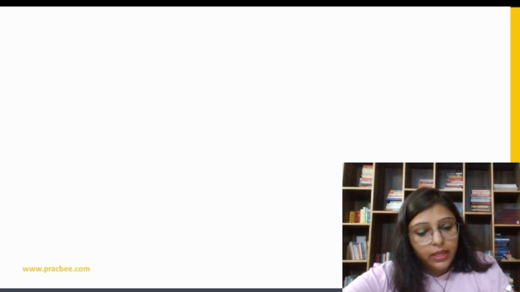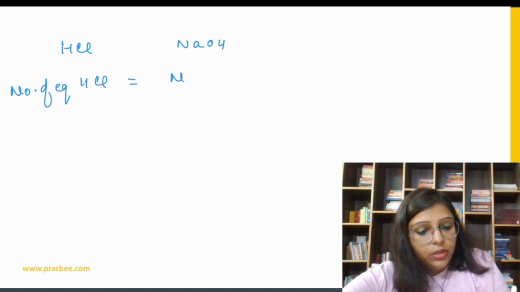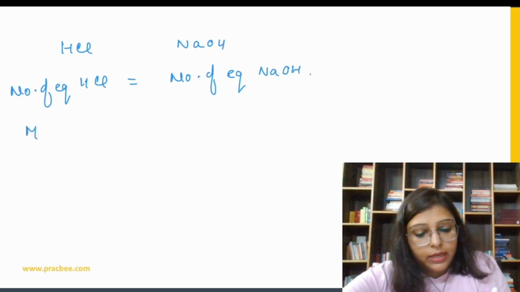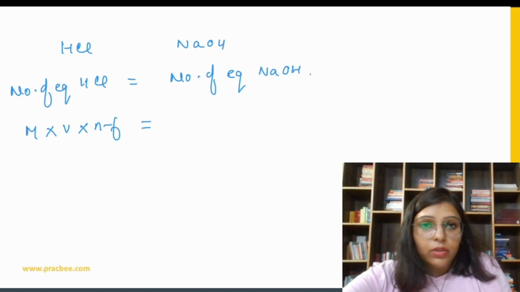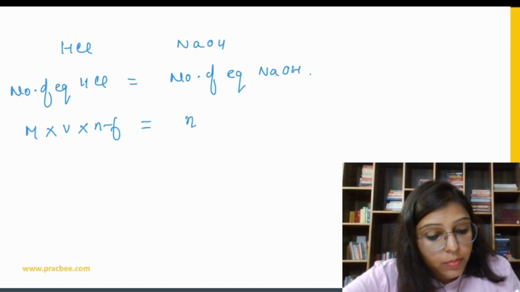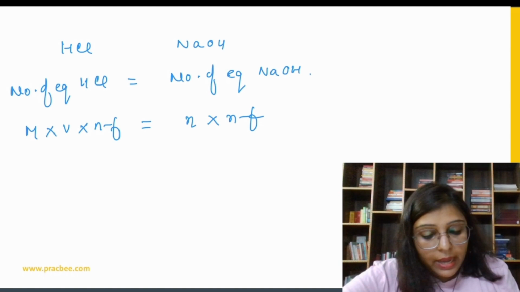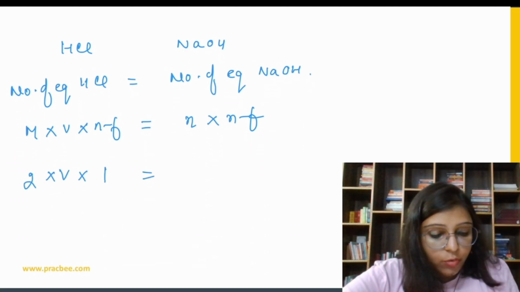Now we are going to apply the equivalent concept to HCl and NaOH. Number of equivalents of HCl is equal to number of equivalents of NaOH. Here molarity into volume into n factor is equal to... NaOH molarity is not given, so we have to use the formula number of moles into n factor. Molarity is 2, n factor is 1, volume we have to find out, and here number of moles is 0.03 and n factor is 1.